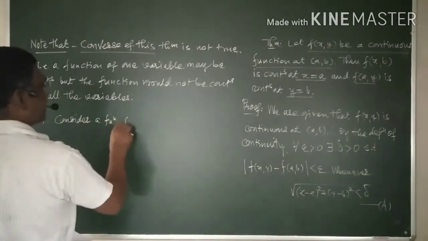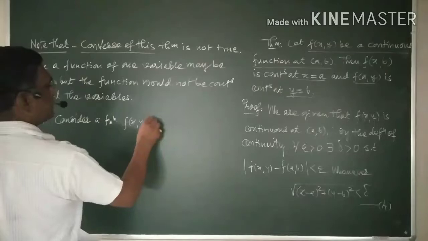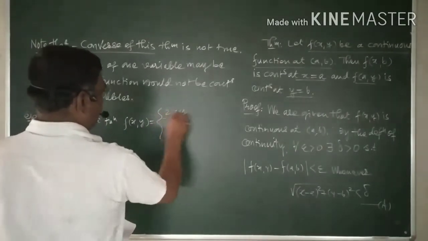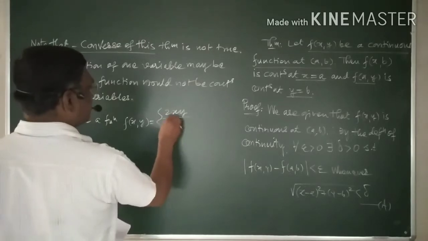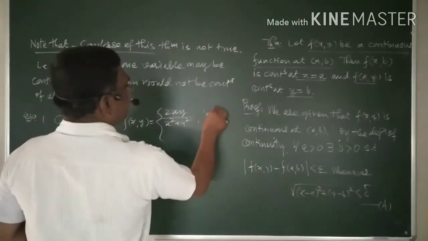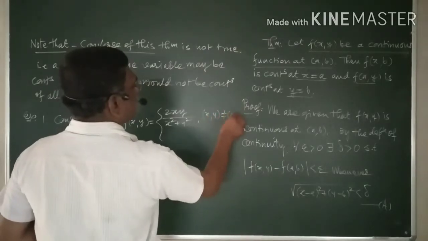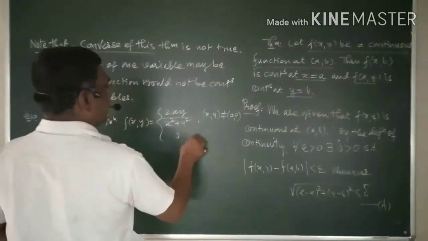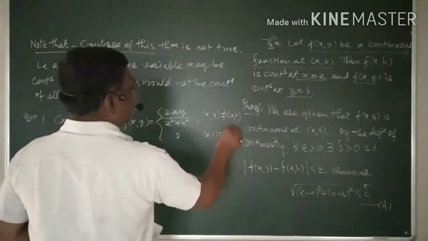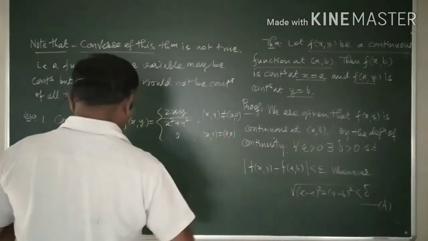Consider a function f of x, y is equal to 2xy over x square plus y square, when (x, y) is not equal to (0, 0), and this is equal to 0 if (x, y) is (0, 0).